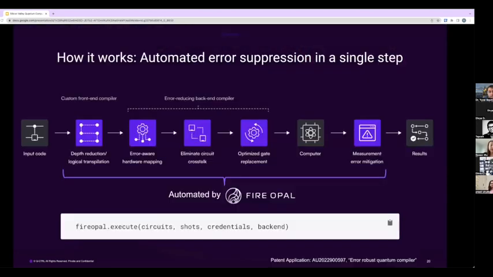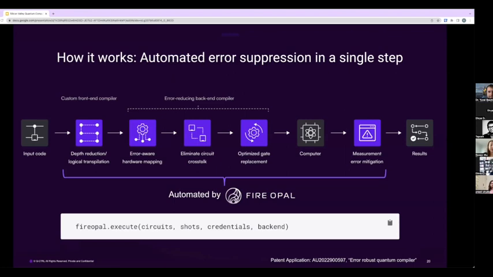And under the hood, what we're doing is we're applying several of these error suppression techniques that I previously alluded to, across the actual compilation, as well as throughout the execution process, where we're aware of the actual hardware limitations that exist on the specific machines that you'll be running on.